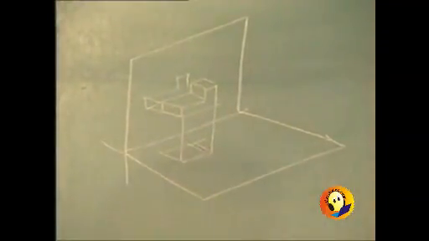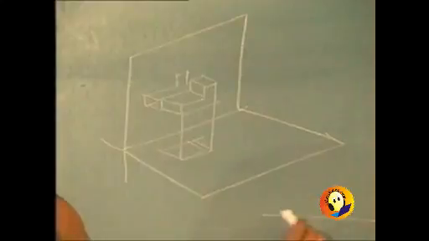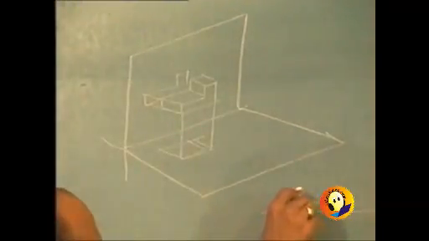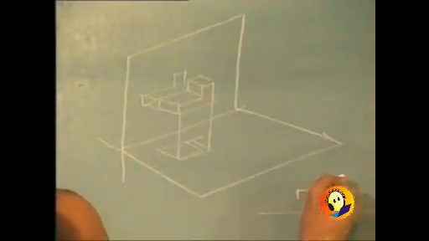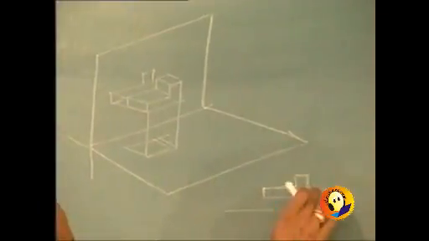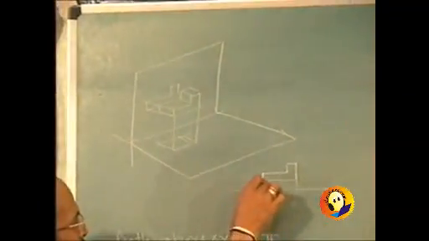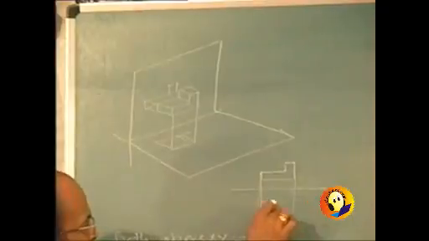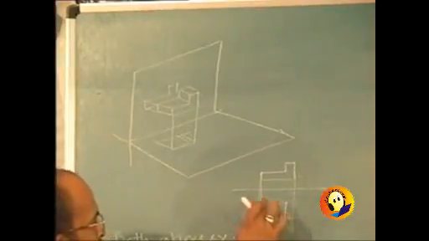And then when we open it up, you will get a view like elevation is above XY line and plan is somewhere over here below XY, or first angle.